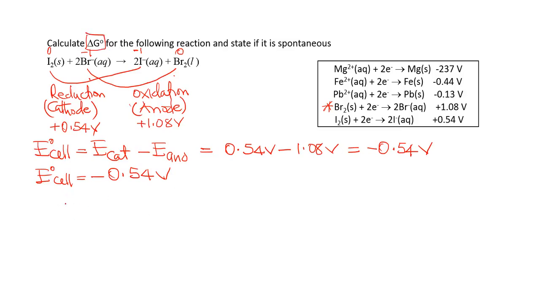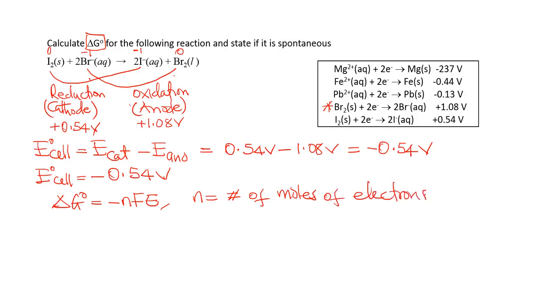So for that, delta G naught is given by negative n F E. So n is number of moles of electrons. So in that case, you need to count how many electrons are being transferred.